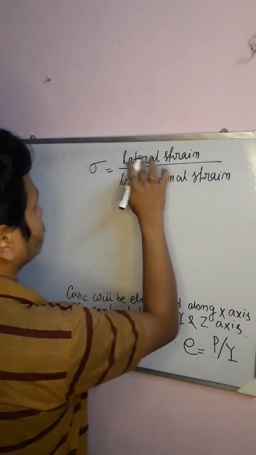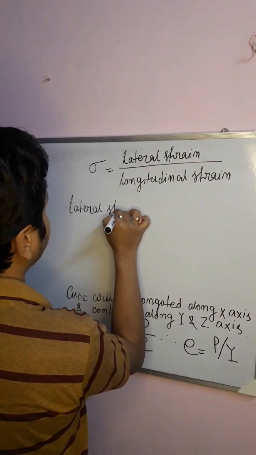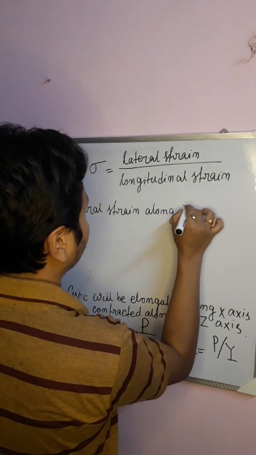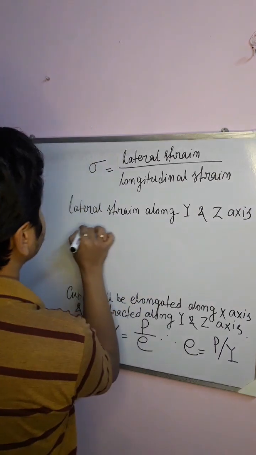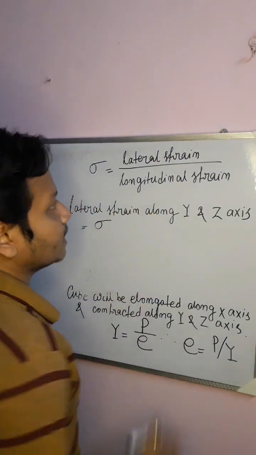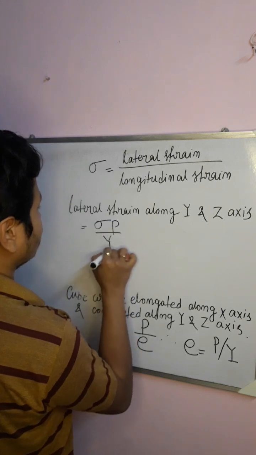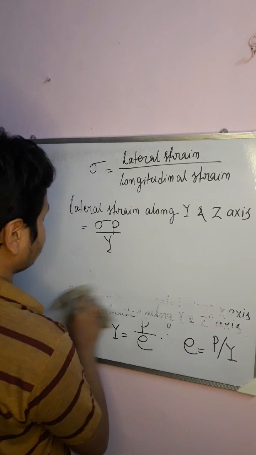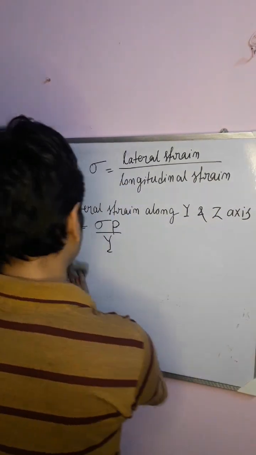So what will be the lateral strain along the y and z axes? The lateral strain along the y and z axes is simply sigma multiplied by the extension along the x-axis, that is P by Y. So this amount of contraction takes place along the y and z axes due to the force per unit area P along the x-axis.